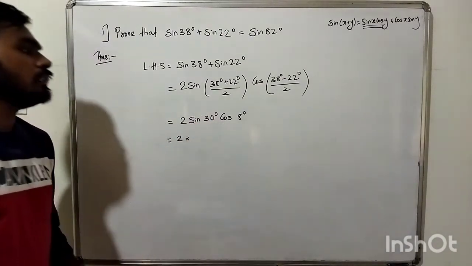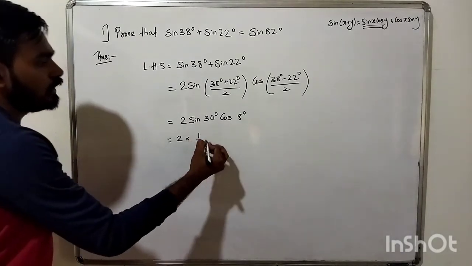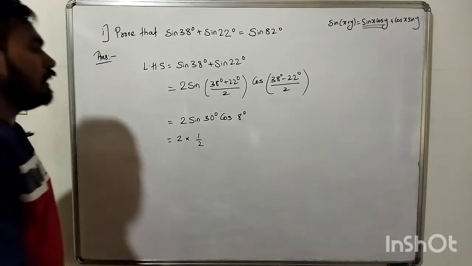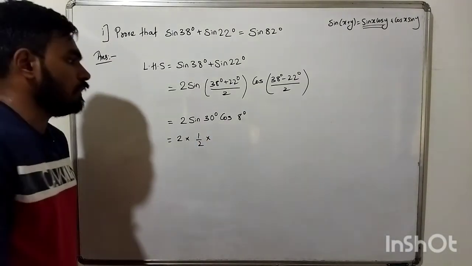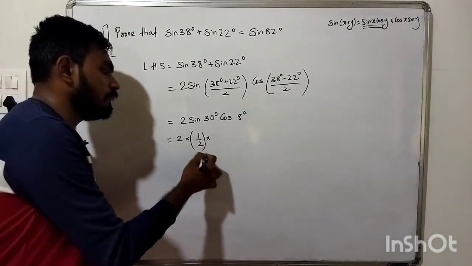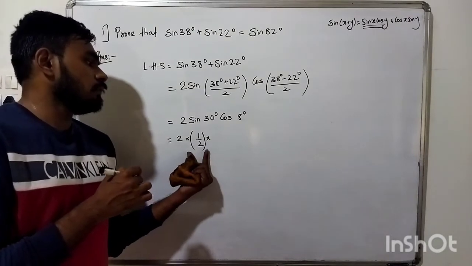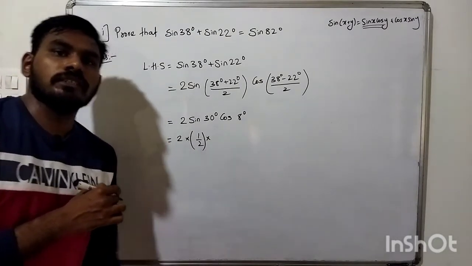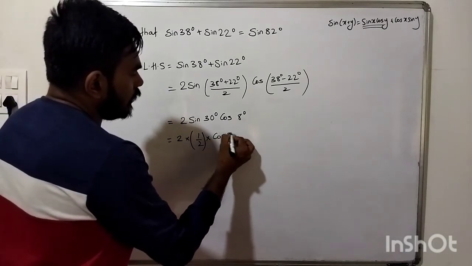Cos 8 we don't know, but sine 30 at least we know. Sine 30 is half. This you have to remember, and we know the method how to find that sine 30. If you don't remember how this half came, you can see my previous videos, the first video in this, where I have explained how to find this and how to remember this. Sine of 30 and cos of 8 degree.